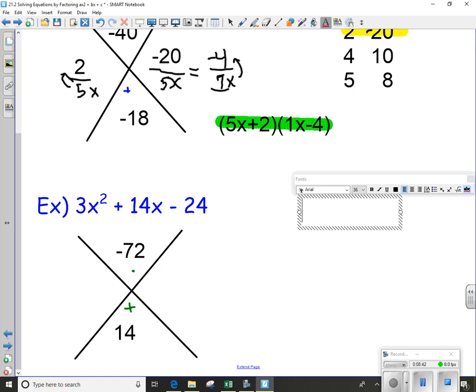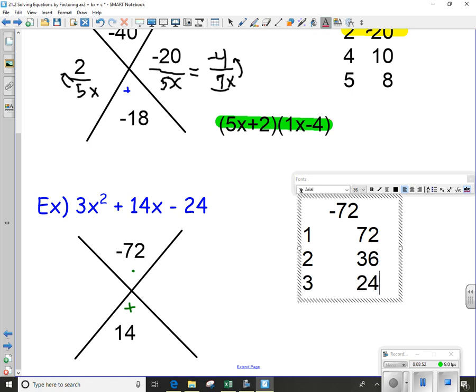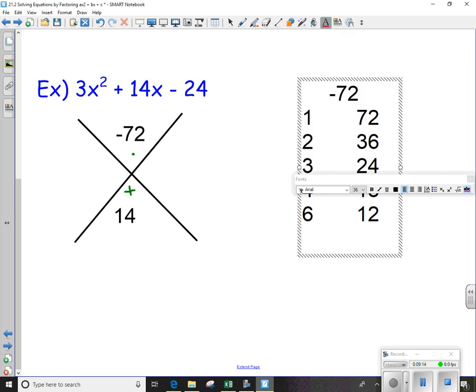So over off to the side, I'm going to do my -72. 1, 72, 2, 36. 3 and 24 were the two that I multiplied together to get the 72. 4 is going to divide in there, 4 and 18. 5 would not. 6 will go in there 12 times. 7 will not go into it evenly. And then I have 8 times 9 gives me 72. So there's my list of possible numbers.